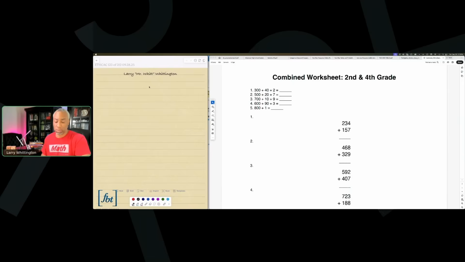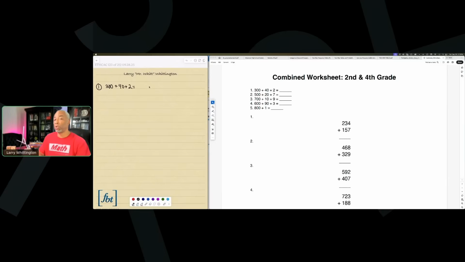We have this worksheet that we have curated just for you guys today. So we're going to start out with problem number 1. We're given expanded form of this standard notation value, which is going to be 300 plus 40 plus 2. So notice in terms of place values, you have your hundreds place value, your tens place value, you have your units or your ones place value together. And what they're asking you to do is to combine these values into 1.